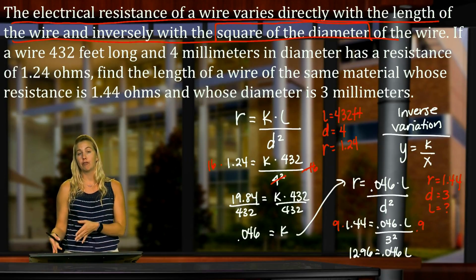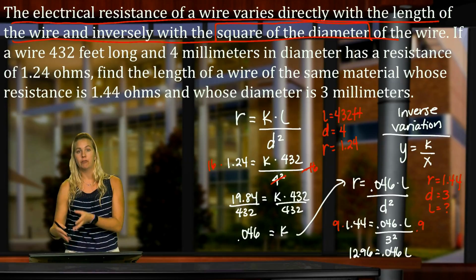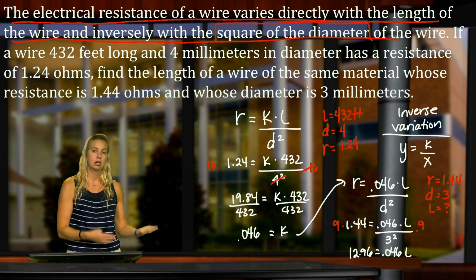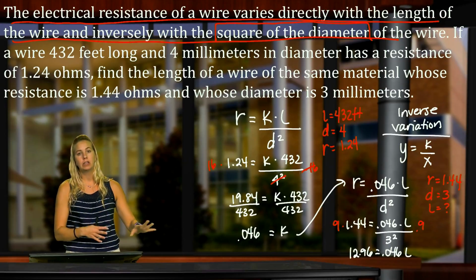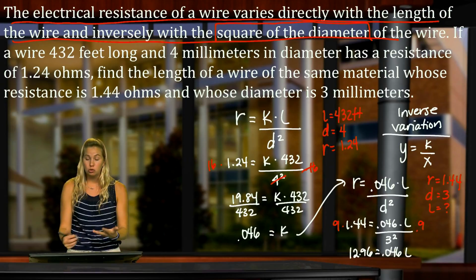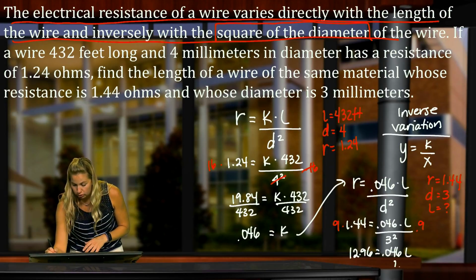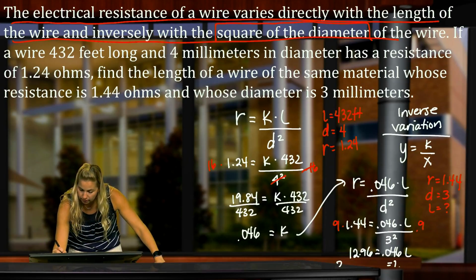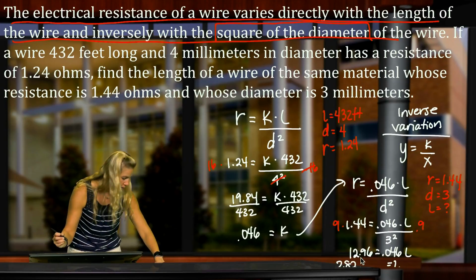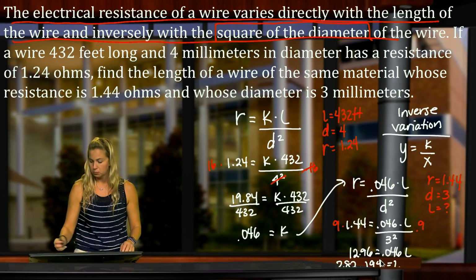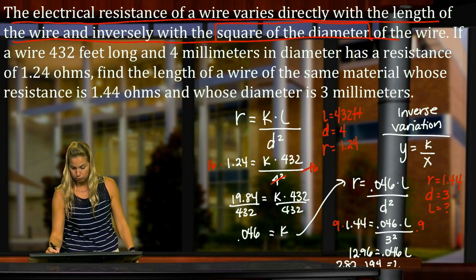So that 0.046 is already rounded. If we leave it there, we're going to round even further at the end, which makes our answer even less accurate. So dividing both sides by the actual value of K, not that 0.046, we get L is equal to 282.194 feet. That's an L, not a 2, just to clarify.